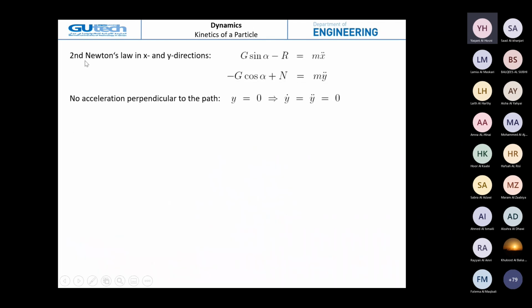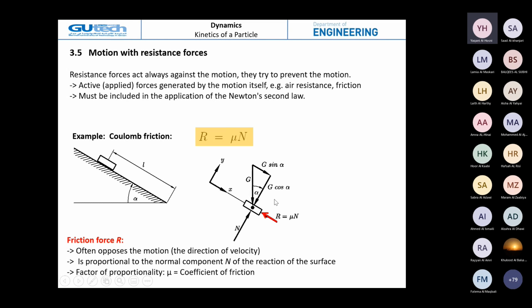Now, if we take the second Newton law in x and y direction, and make the projection in x direction, we have minus R and here plus G sine alpha, where we have the angle alpha. This is the gravitational force projected in x direction.